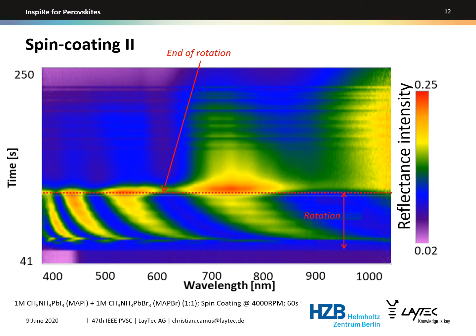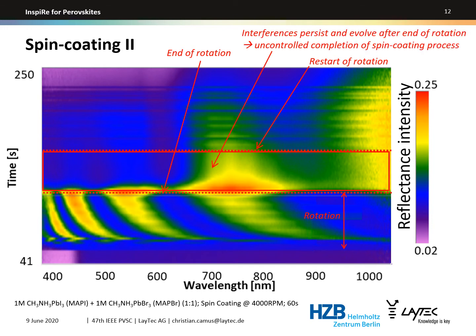So there was a restart of rotation, and afterwards the interferences kept changing until they were completely vanishing at the end of the process due to the full consumption of the solution. But that means that in the meantime, interferences persist and the process was in a kind of uncontrolled stage, which is something you certainly don't want, and this is something that can be revealed by in-situ data.